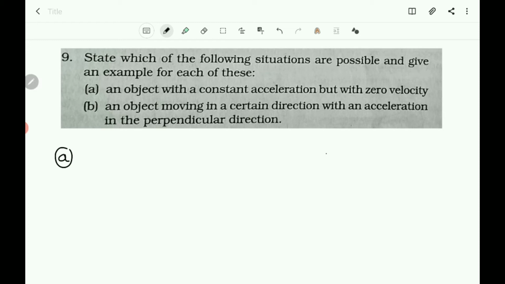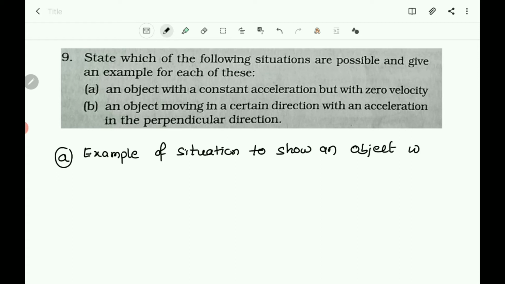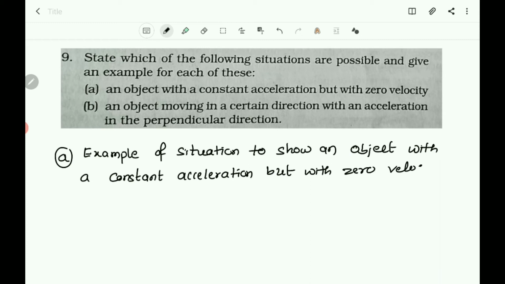So you take example of the situation to show an object with a constant acceleration but with zero velocity.